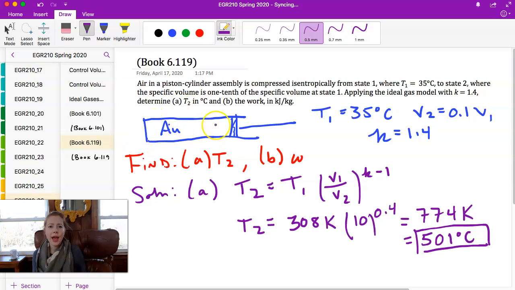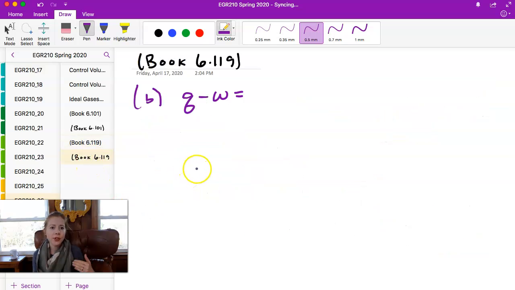This is a control mass problem. We have a constant mass, our volume's changing, and so we don't have a flow rate. We're not dealing with rates. We're dealing with energy units again, so not per time. And so it's going to be Q minus W, and we're not going to get a change in kinetic energy or potential energy. And so it's just going to be Q minus W is equal to delta U, or U2 minus U1.